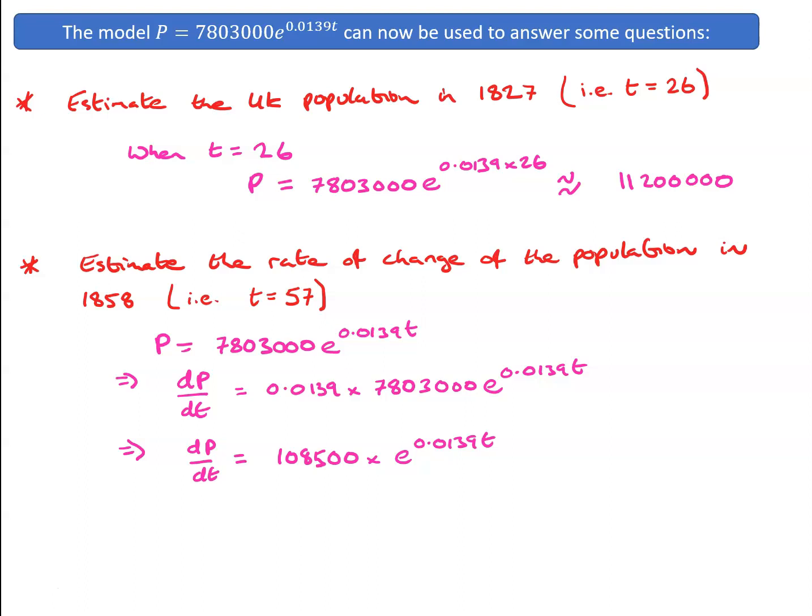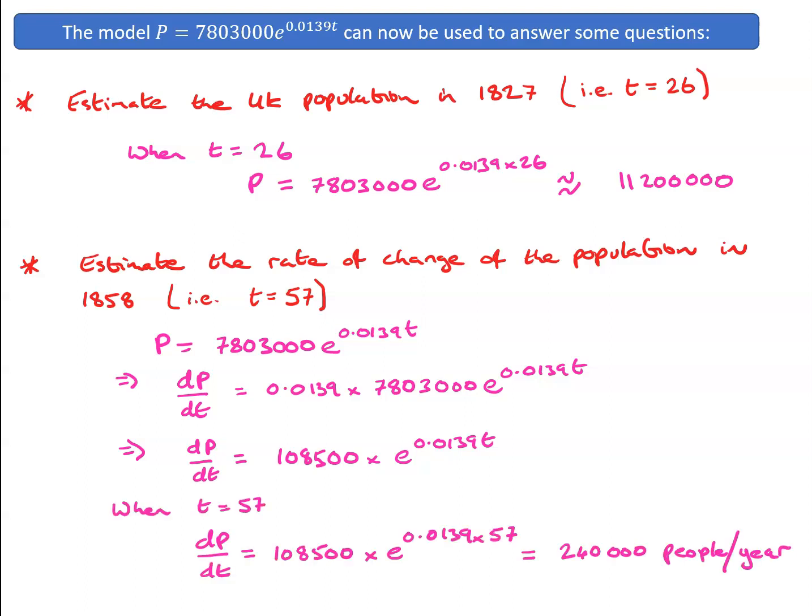And if I now substitute t equals 57 into that, I obtain dP by dt as 240,000. So during 1858, the population was increasing at a rate of approximately 240,000 people per year.